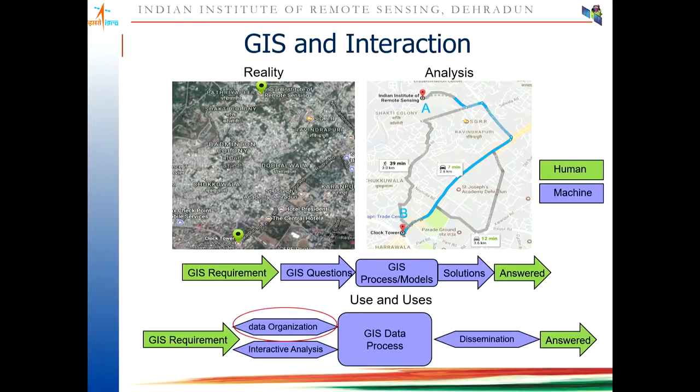GIS data models deal with the kind of data organization we need to carry out any GIS process. That's one of the important components where we convert all those requirements. Like in this case, we need road information and details, so we will try to organize that information.